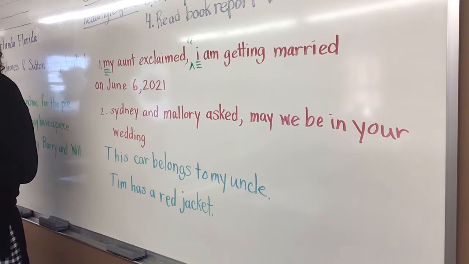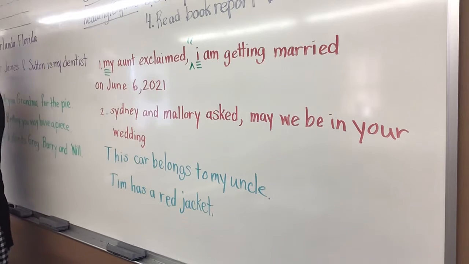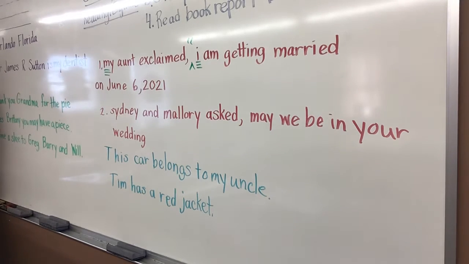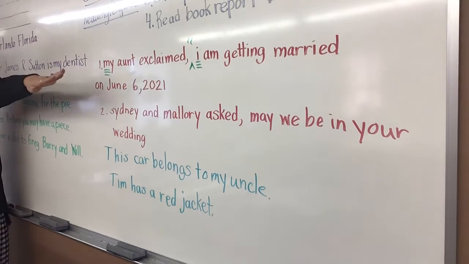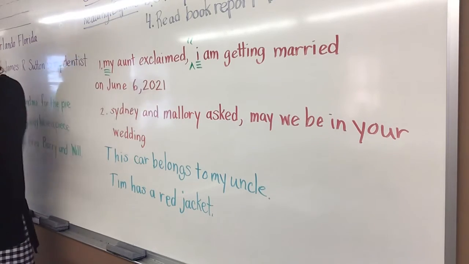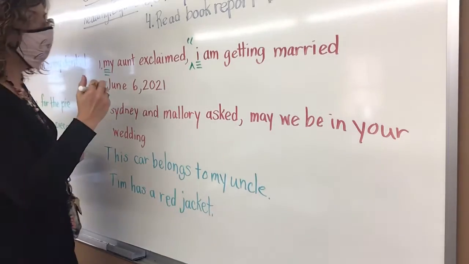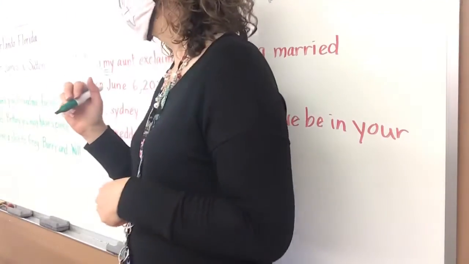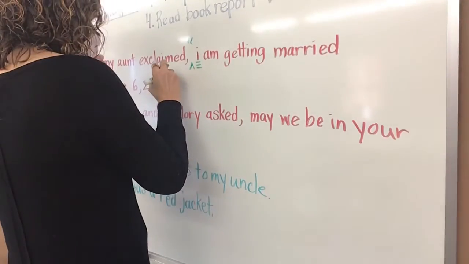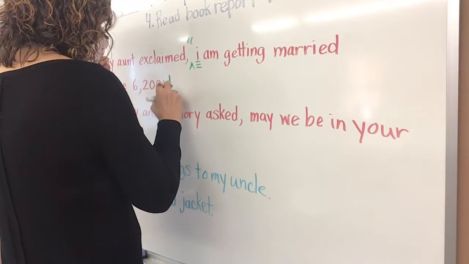What's next? Grace? After I am getting married on June 6, 2021. Exclamation mark, insert. Yes. After what though? After 2021. Yes. After the year 2021, you're going to insert an exclamation mark.